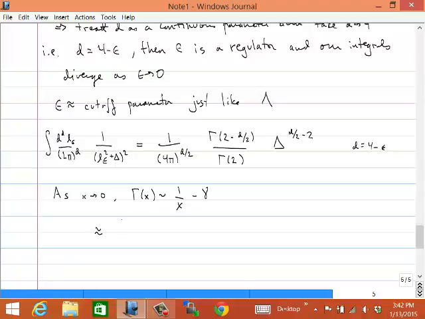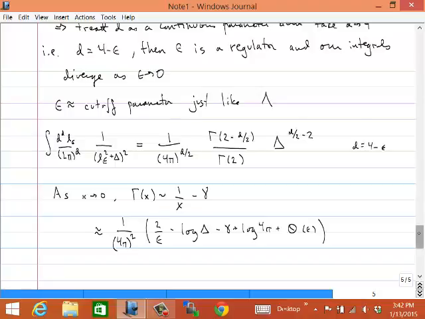So what do you get? You get a 1 over 4 pi squared. And then I'll write down the answer for you and then explain it a little bit. You get a 2 over epsilon minus log delta. And then you get a bunch of constants, which are very rarely actually important because they usually just cancel out in the counterterms, plus various terms that are of order epsilon, so vanish as you take the regulator away.